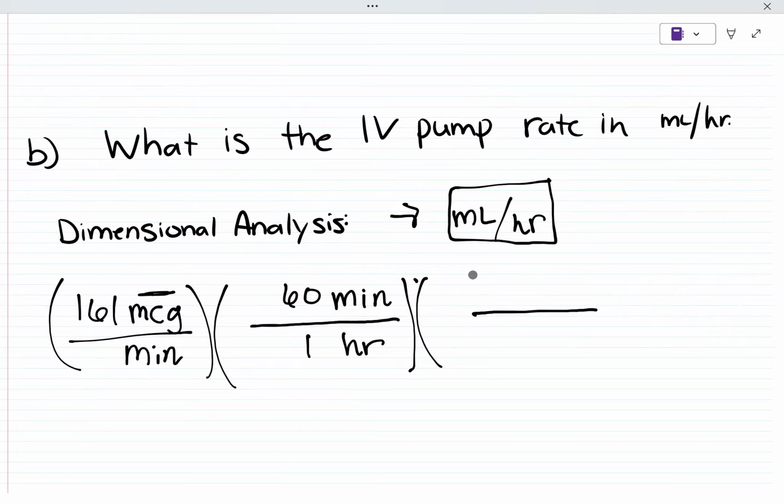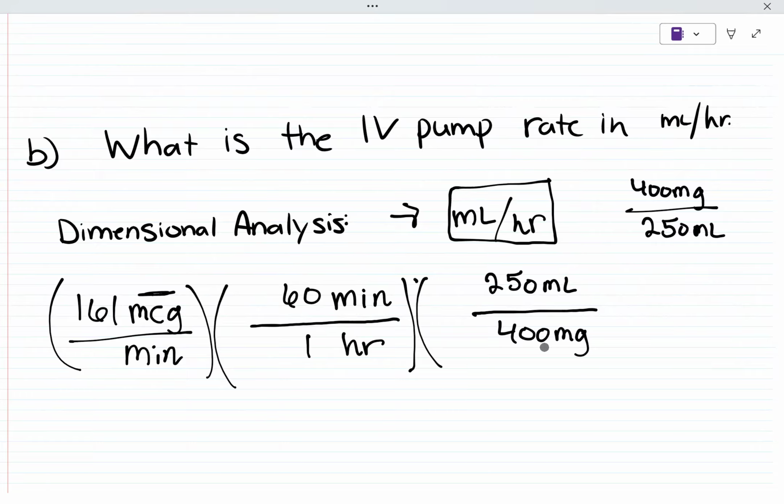That was something that was given: dopamine 400 mg in 250 milliliters. Now, can I leave it like that? I'm going to have to flip it, right? If I want milliliters on the top, I'm going to have to flip it. So it's going to be 250 milliliters and then 400 mg on the bottom.